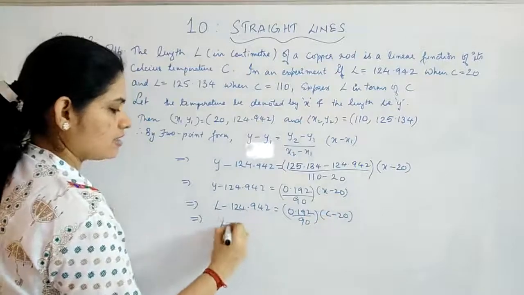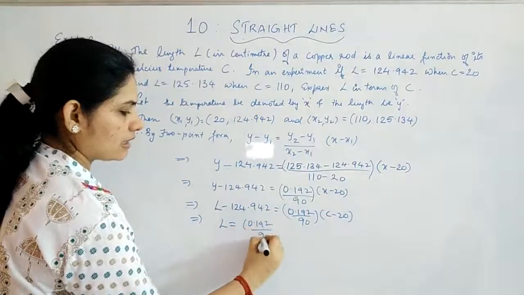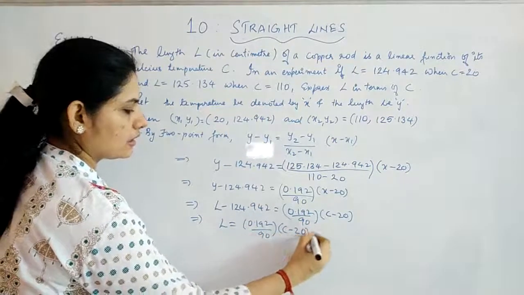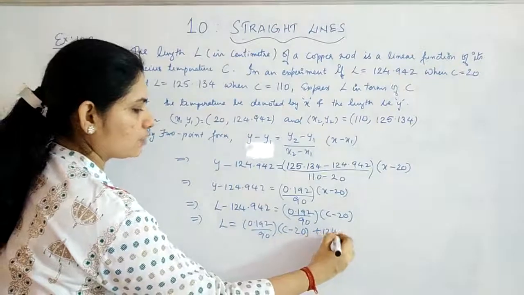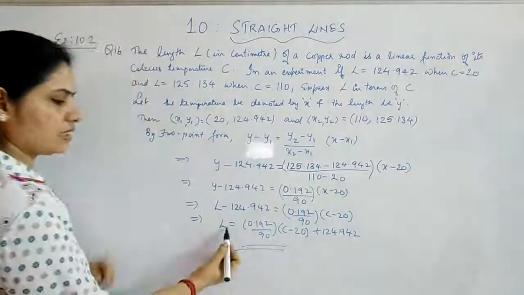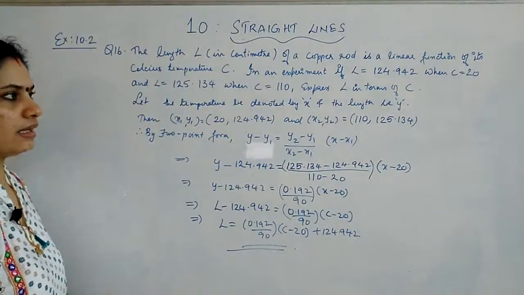That is L is equal to 0.192 by 90 into C minus 20 plus 124.942. So you can just see that L in terms of C is written here. Okay, is it clear?